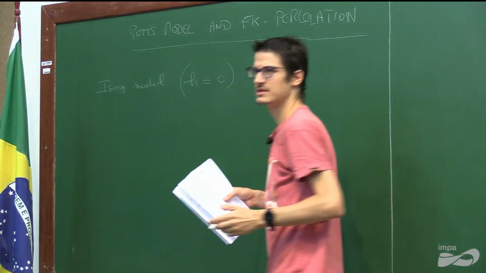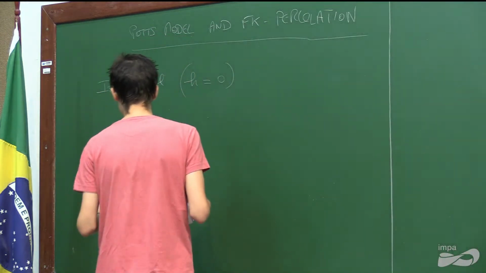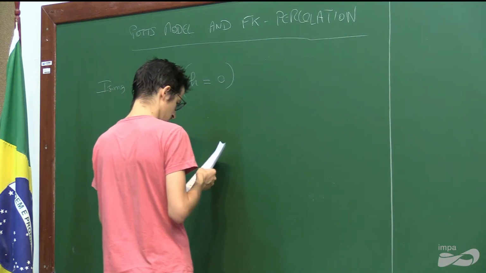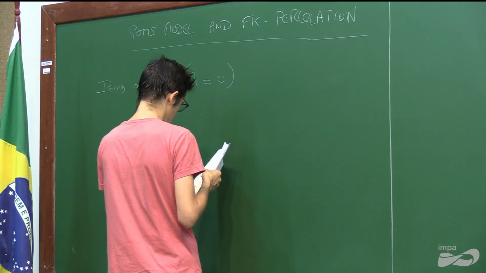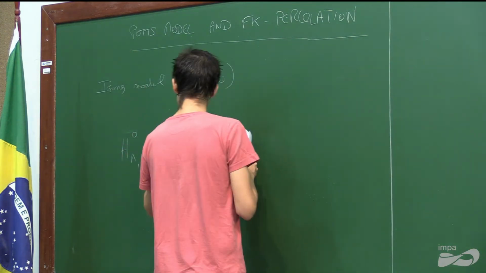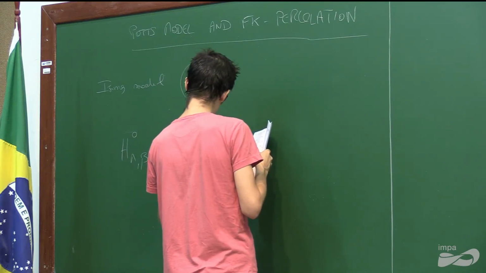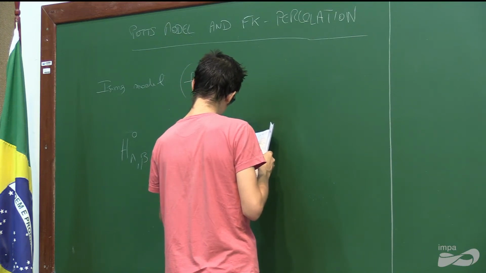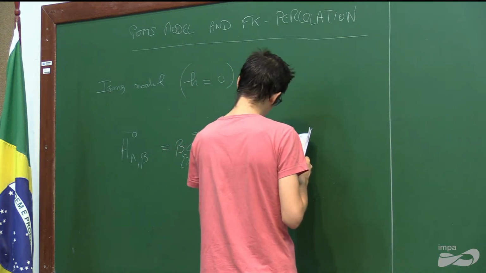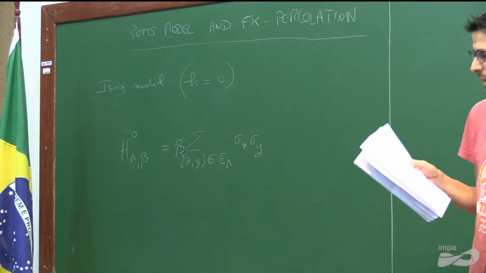only consider the case with zero magnetic field. So if you remember the Hamiltonian for the Ising model with free boundary condition, or with zero boundary condition, it was given by beta times the sum of sigma x, sigma y.